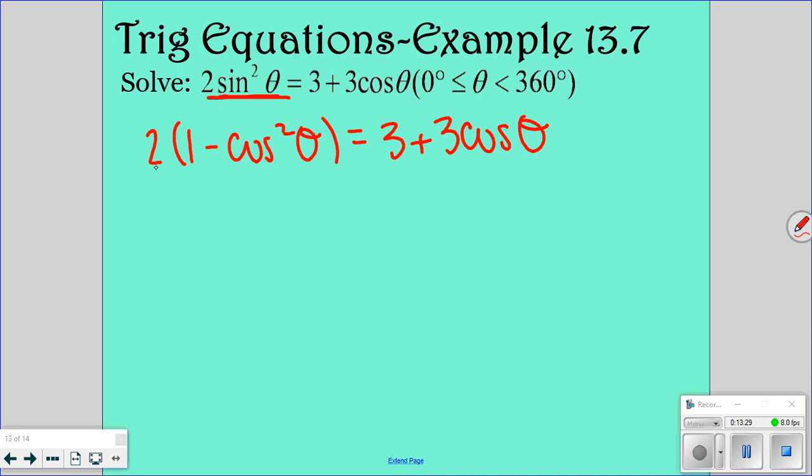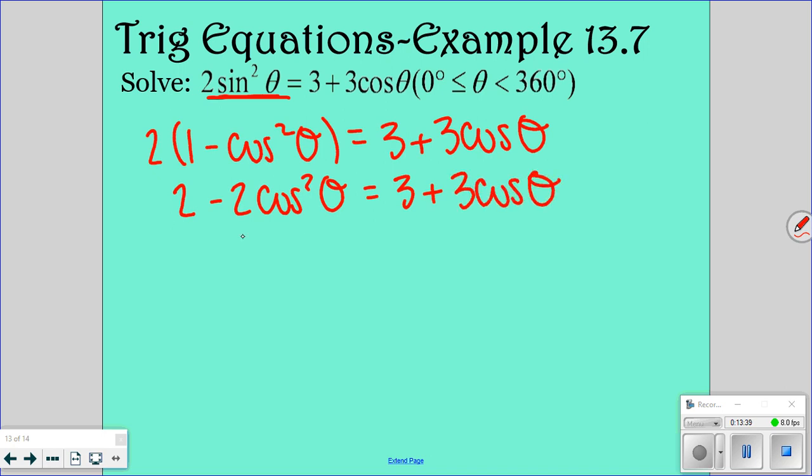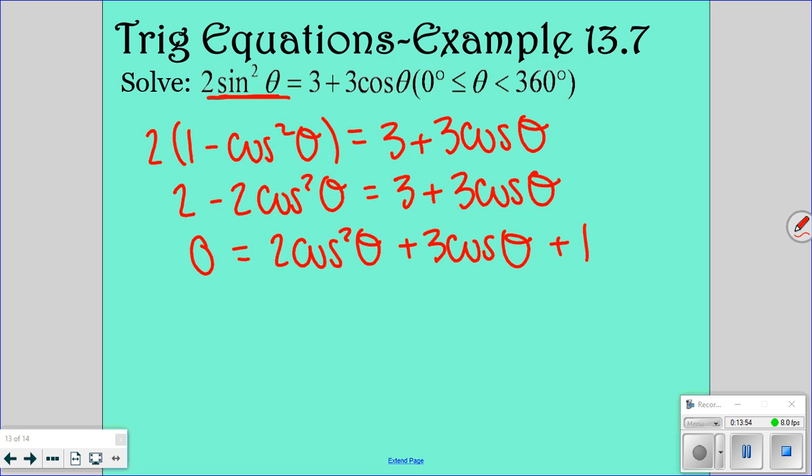And so then you're going to want to distribute the 2. And so then you're going to move the -2 cosine squared theta to the right side to make it positive. Then we have plus 3 cosine of theta. And then when we move the 2 over, that's going to become a 1.